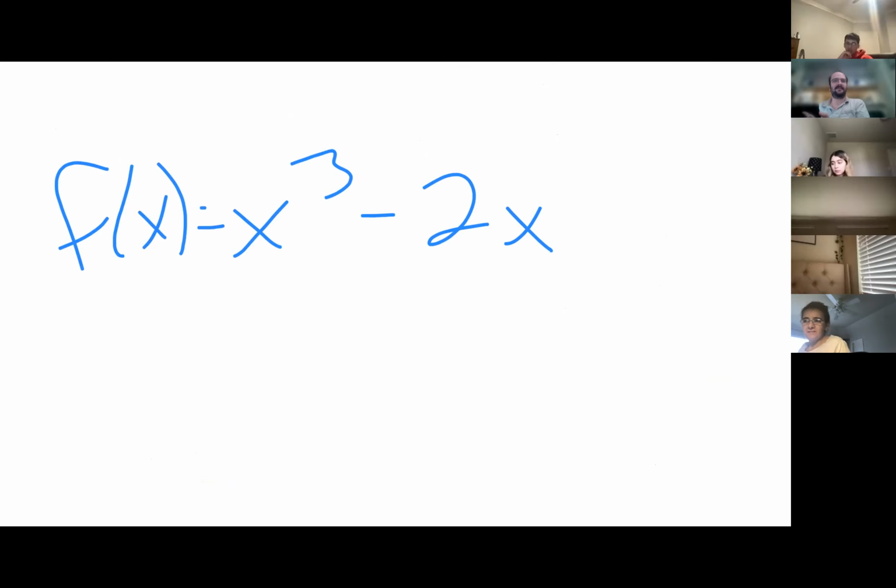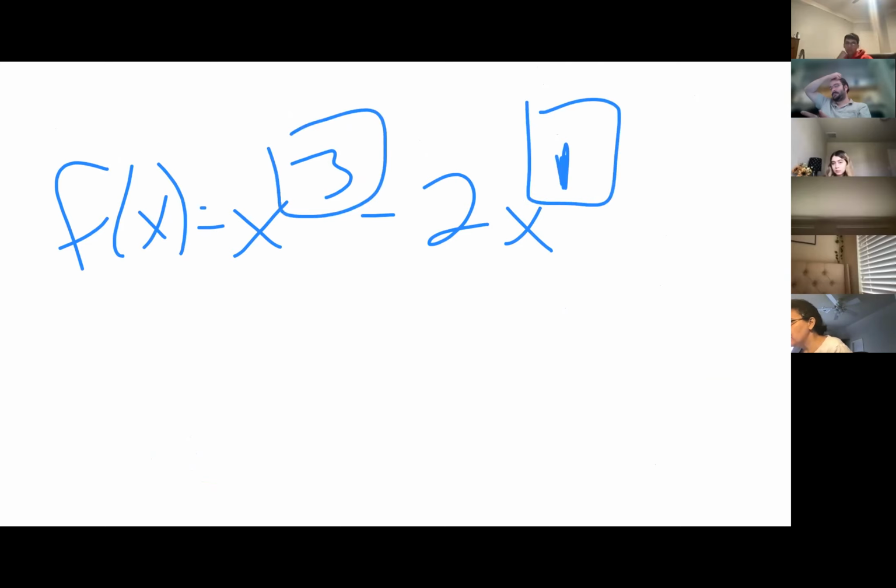Were you expecting it to be odd before you even did it? Why or why not? Because we have a 3, and what else do we have? X to the what power? 1. It's 67, x to the third minus 2x. Sorry, I was looking for 69, that's a square.